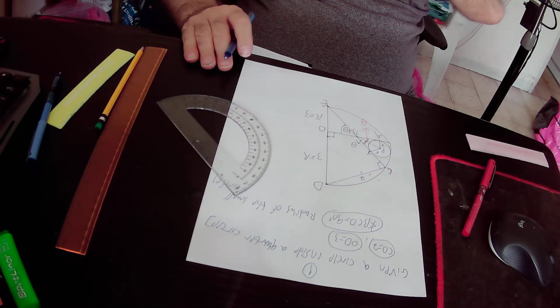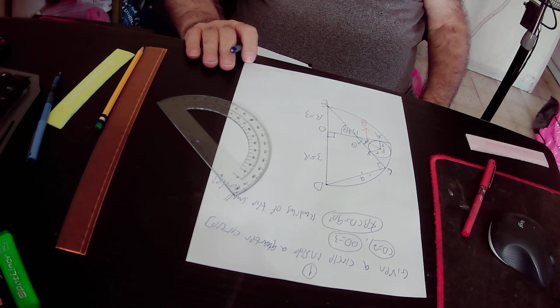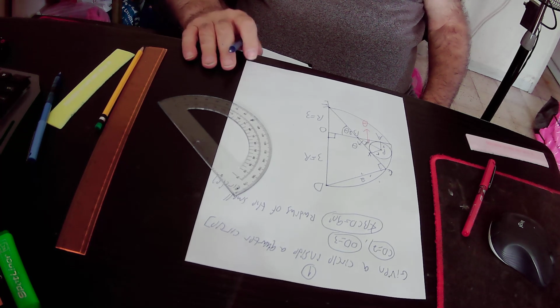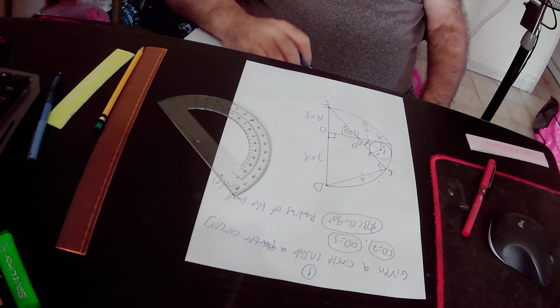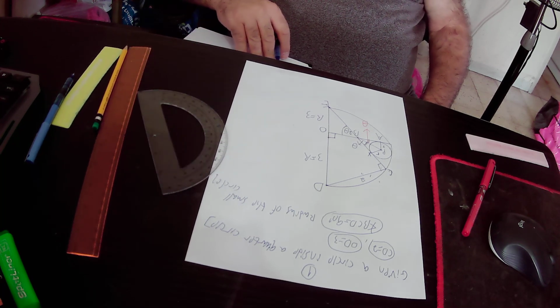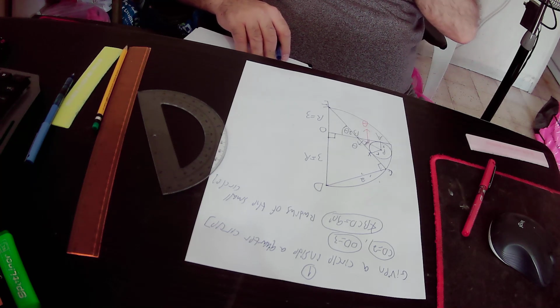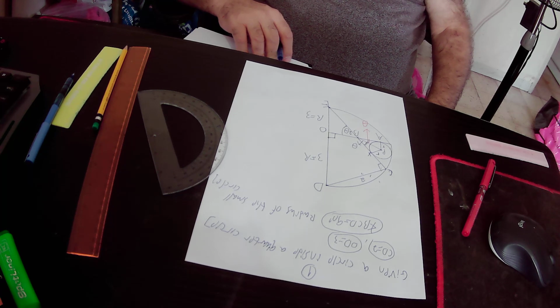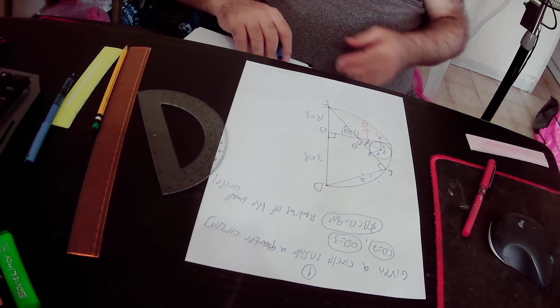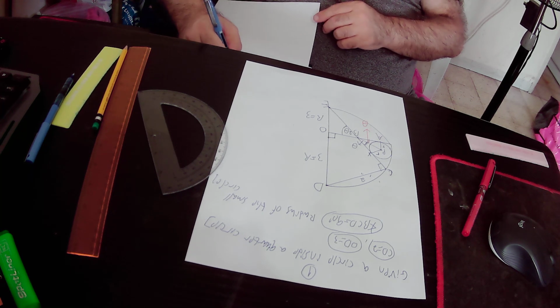We know that DE is the diameter of the semicircle, therefore DE is a straight line.